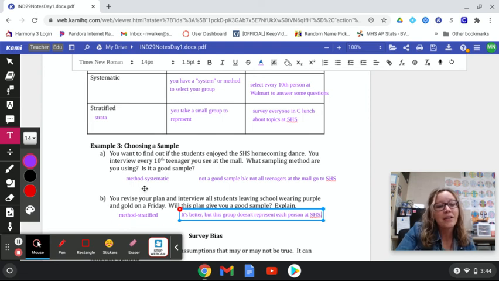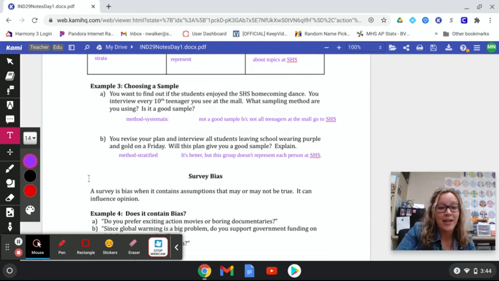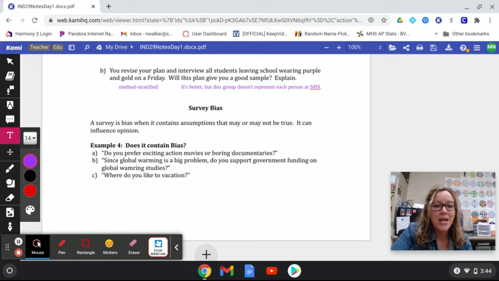And then last but not least, whenever you guys are doing a survey, you want to make sure that it isn't biased. You don't want to word your questions or create your group in a way that makes them answer a certain way because they feel pressured or persuaded. So for these examples, the wording can contain a substance.